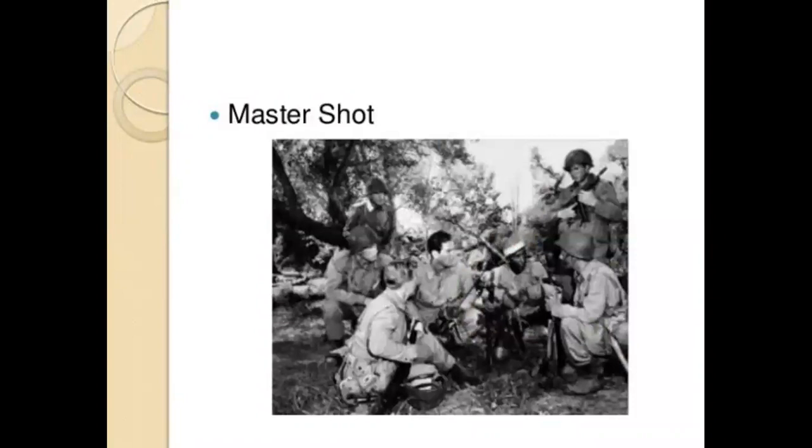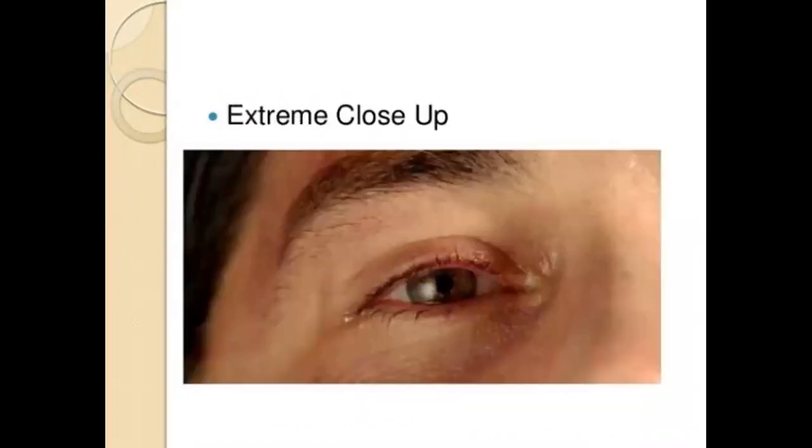This is a master shot, and we can also call it a group photo. This is an extreme close-up shot. Basically, an extreme close-up shot is used for that kind of purpose, where we can see their emotions, their problems.